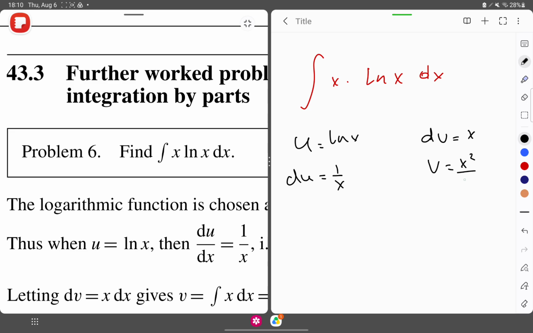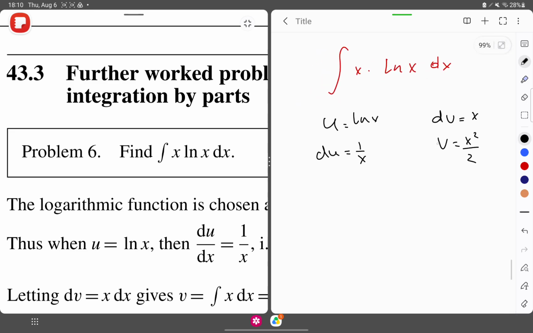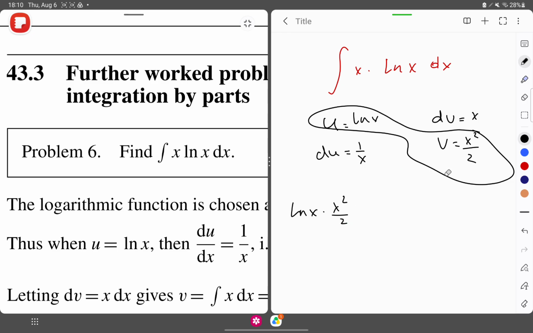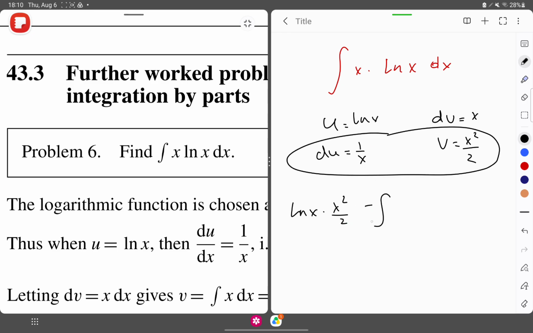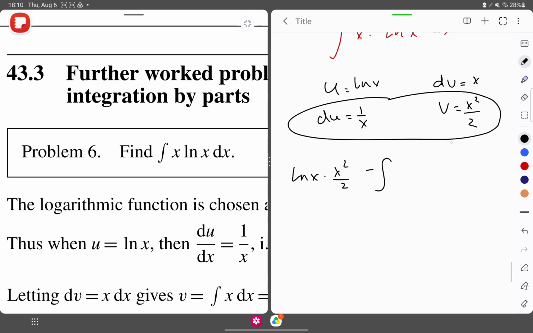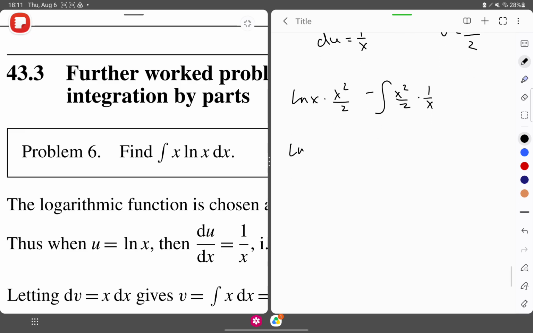So it's ln x times x squared over 2 minus the integral of x squared over 2 times 1 over x, which is 1 over 2 times the integral of x.